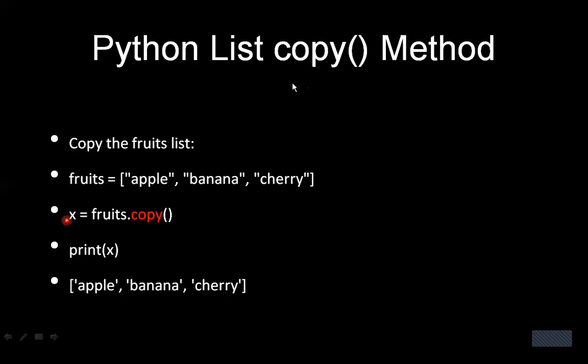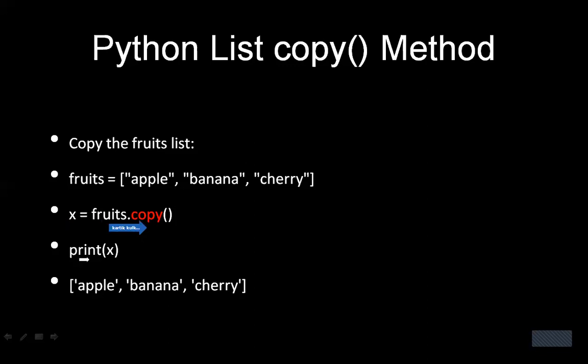In this particular example, I have taken the fruits list, the same example: apple, banana, and cherry. Then I have taken fruits dot copy. Why fruits dot copy? Because the syntax is the list name dot copy.